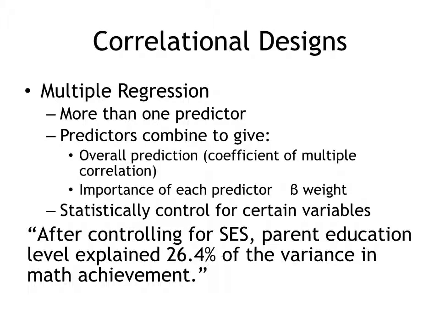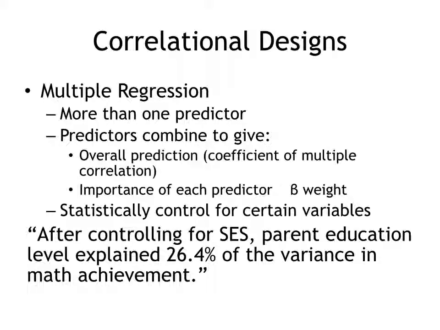This statement, the researcher took socioeconomic status and parent education level, put those together to predict what the math achievement was going to be, or to explain the math achievement of the students. But then the researcher went deeper, peeled away the socioeconomic status, and was left with over 26% of the variability in math achievement could confidently be explained by the parent education level.